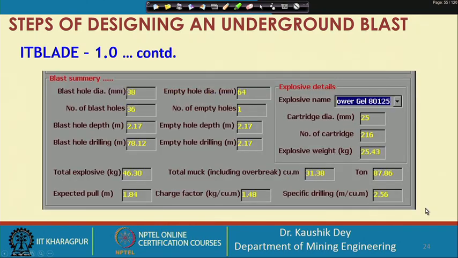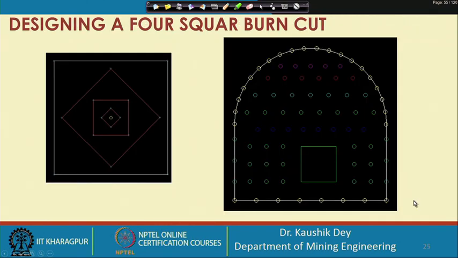And this is the summary you can calculate, and in this case this may be the cut area. So, this is the cut area, and this is basically showing the different delays.